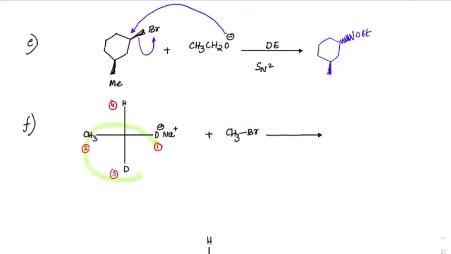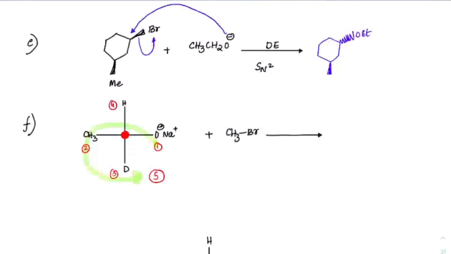Since it is anti-clockwise rotation, it has to be S configured. So initially it is S configured. But we are connecting from the oxygen end, so we are not breaking this bond at all. This bond is not broken, so this configuration of carbon will be intact. That is not going to change.